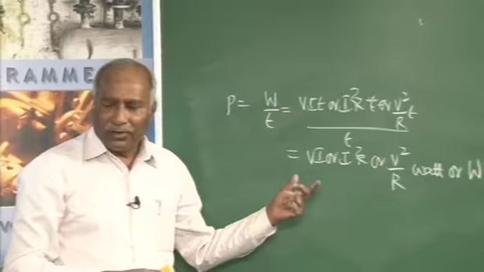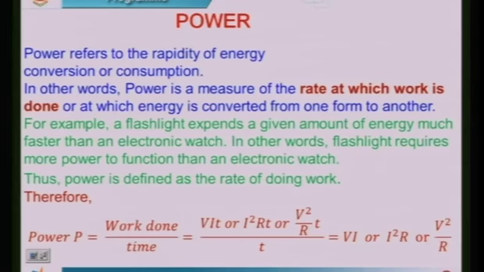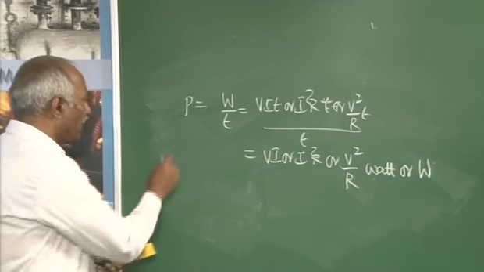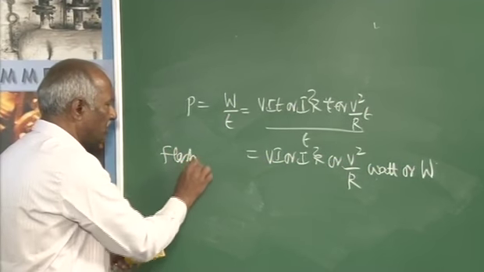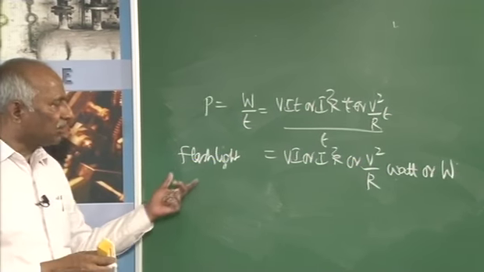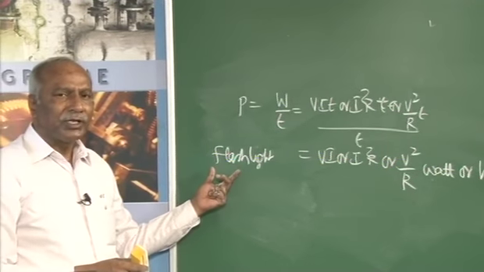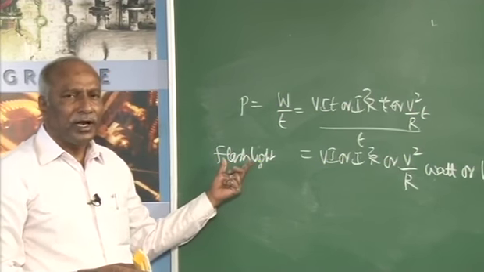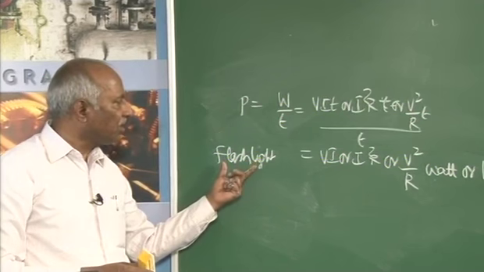In that respect you can see the amount of power depends upon the device also. For example, a flashlight consumes more energy than an electronic watch. If you use cells, the energy stored in the cells will be drained very fast when a flashlight is used.